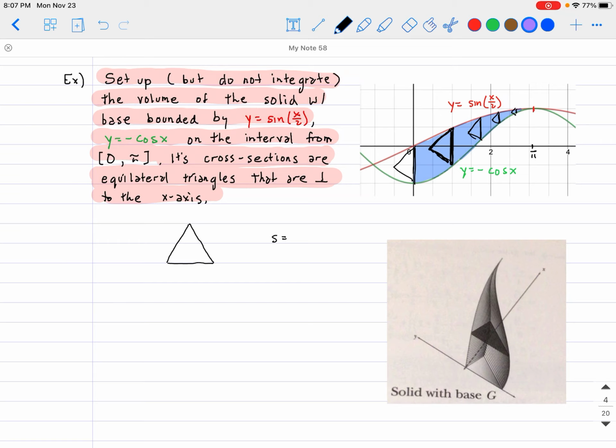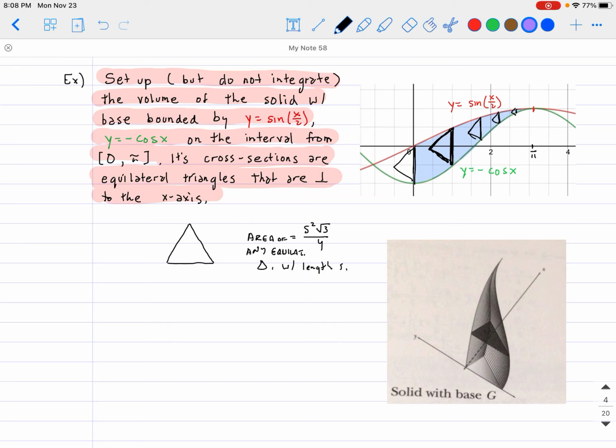The area of an equilateral triangle is s squared root 3 over 4, just to save us a little bit of time, where s is the length of the side. So this is the area of any equilateral triangle with side length s.